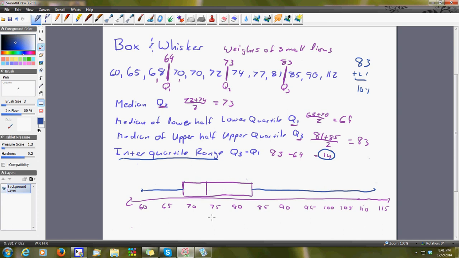Well, you'd say weight in kilograms, and you'd say weight of small lions, and you'd underline it with the ruler, and that would be your title.